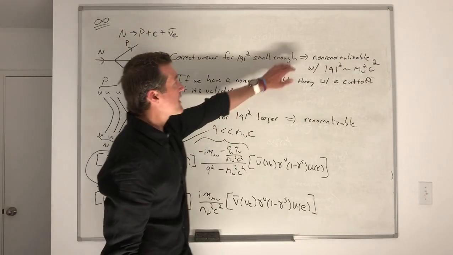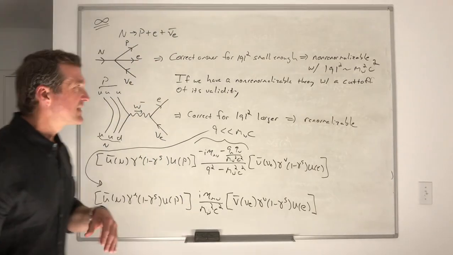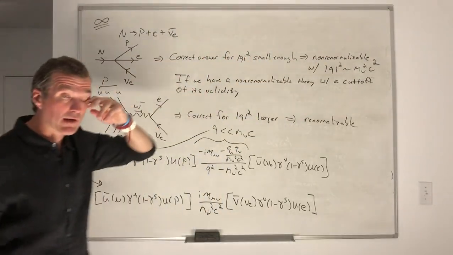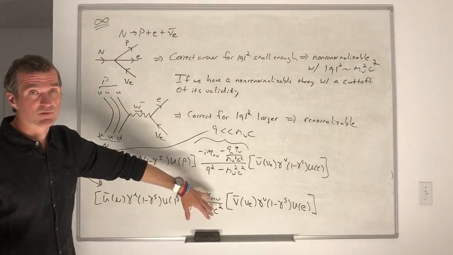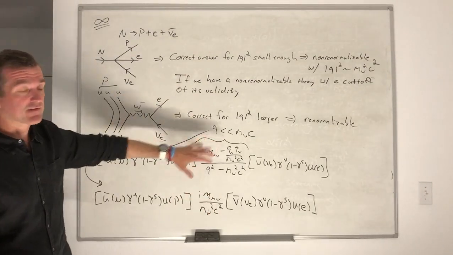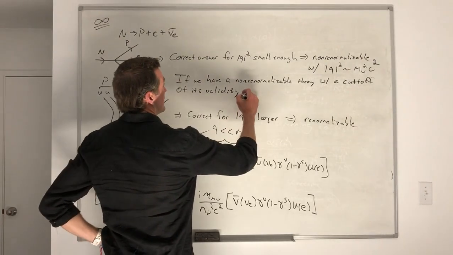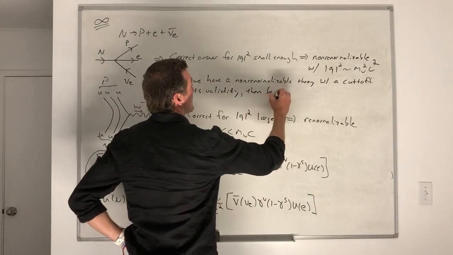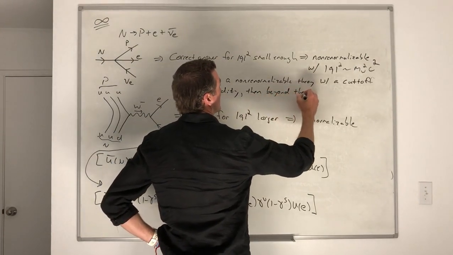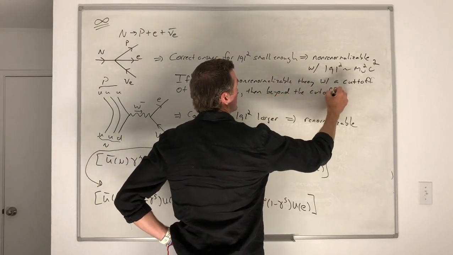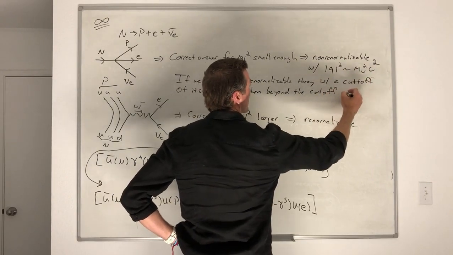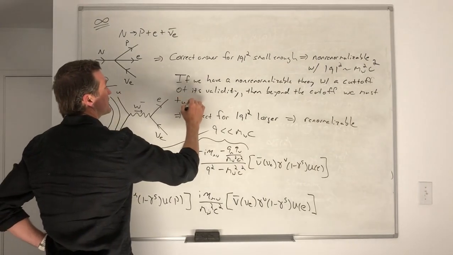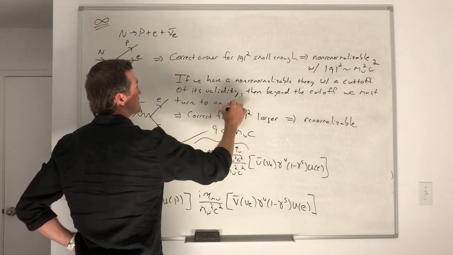In this case, we had a non-renormalizable theory, and we knew that you could use this example until Q got close to M_W c, but when Q got close to M_W c, this just broke down, and you had to move up to this theory. Then beyond the cutoff of the theory, which is this value, we must turn to an ultraviolet completion.